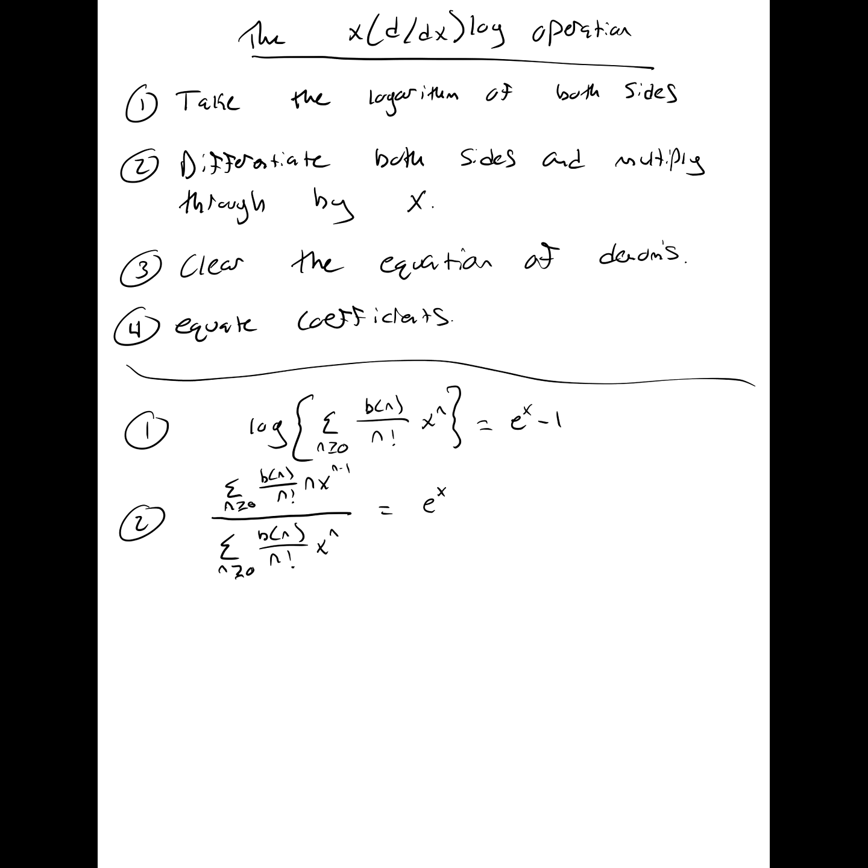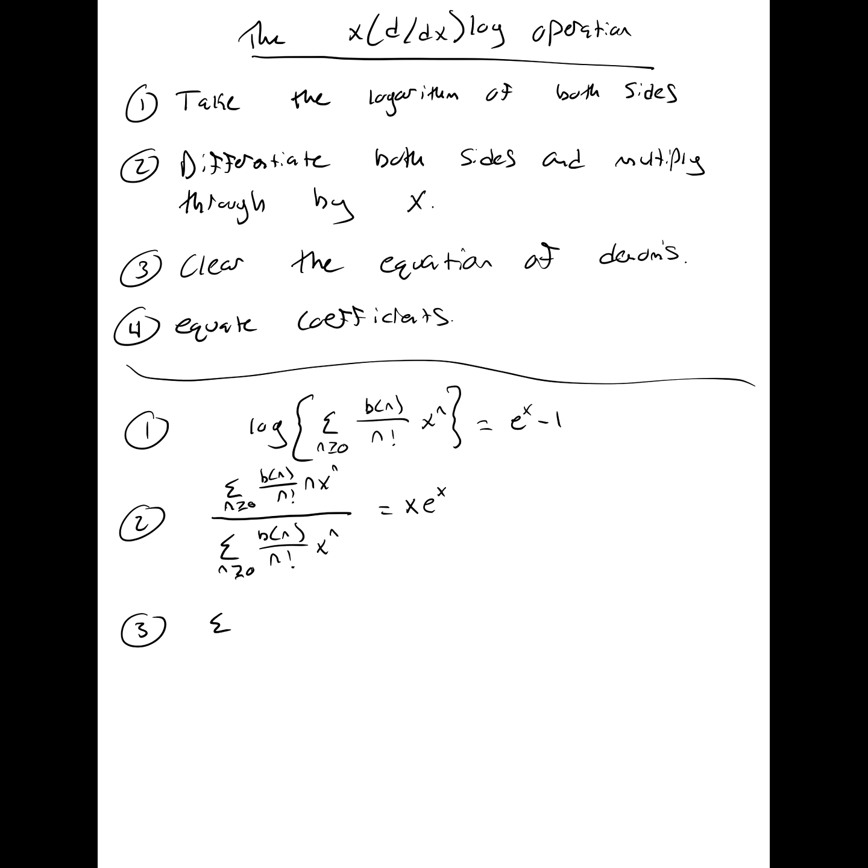Just so we have an x to the n in the numerator on the left-hand side, I'm going to multiply both sides by x, which is what this step says to do: multiply through by x. So I'm going to erase that minus 1 because I'm multiplying through by x, and I will also write an x here because we want to make sure they're equal. Step 3, clear the denominators.